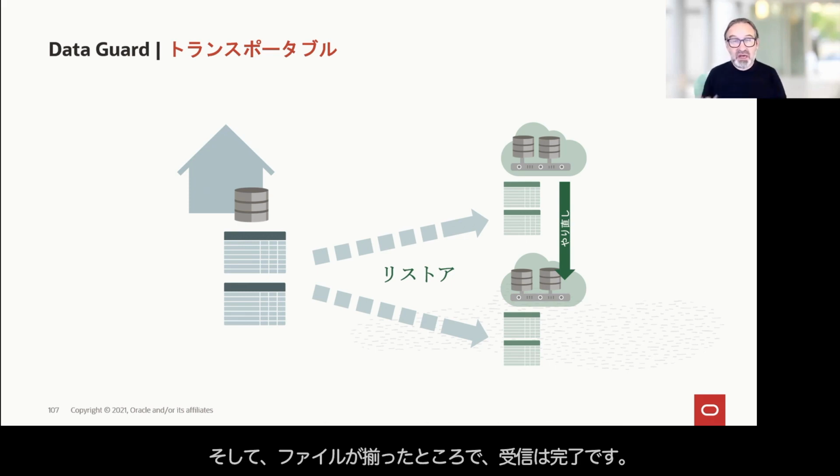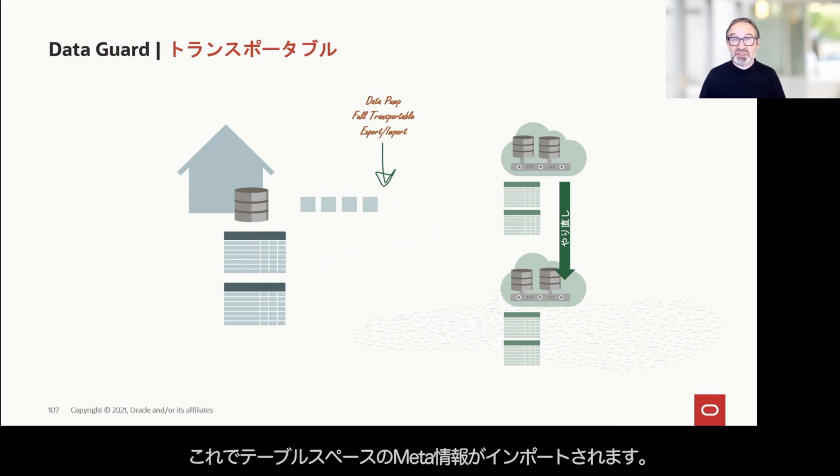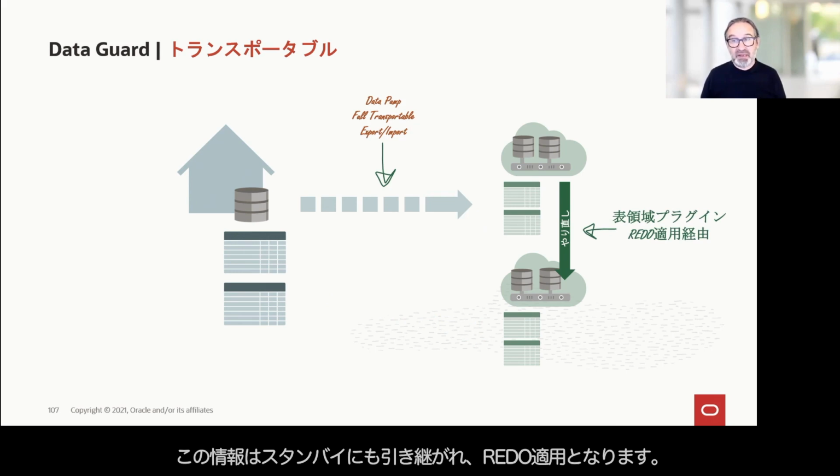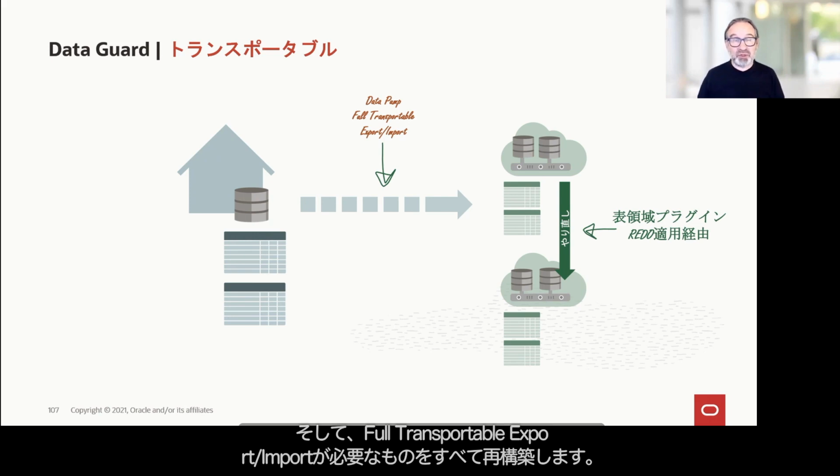And once the files are all there, then to ease my life, I call Data Pump full transportable export import. So this will now import the tablespace metadata, and this information will come also over to the standby via redo apply. So the plugin operation will happen on the standby as well, and then full transportable export import will rebuild everything necessary.